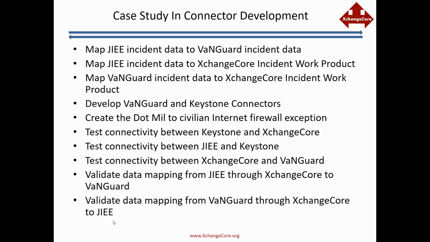And then do the same thing with VaNGuard, saying, okay, now we've already mapped the data, so if I have a name that is going to go into activity category text in the NEAM incident work product, that has to match up with JIEE putting their name, which they may call subject, but that subject has to go into the activity category text.